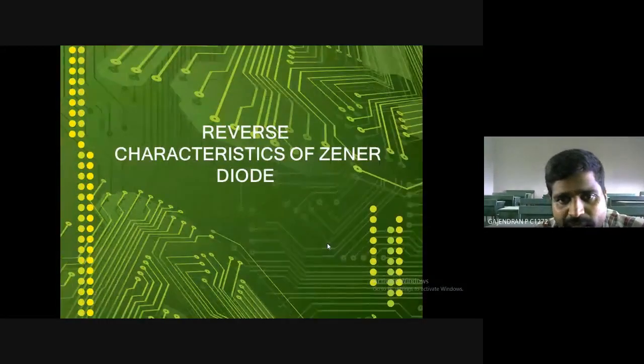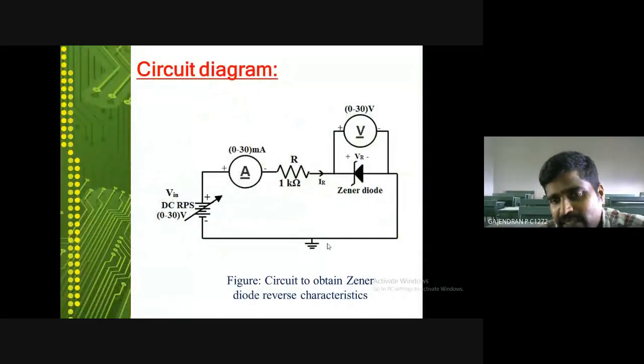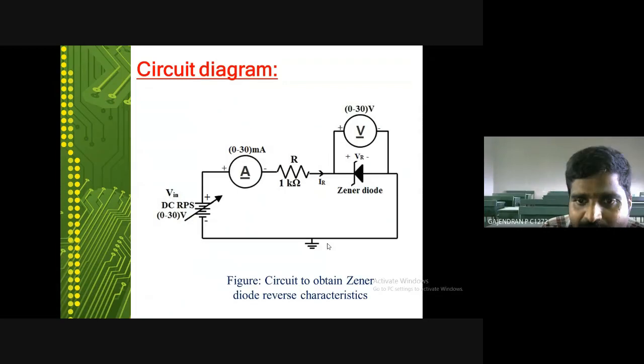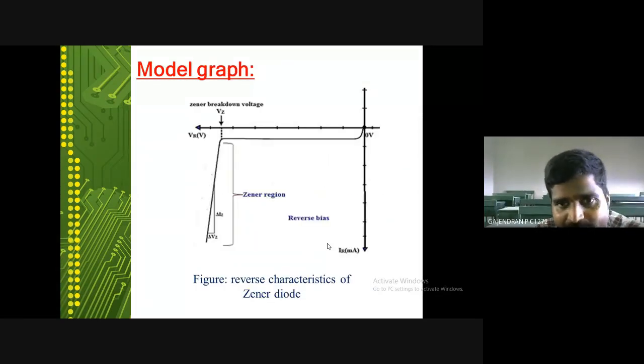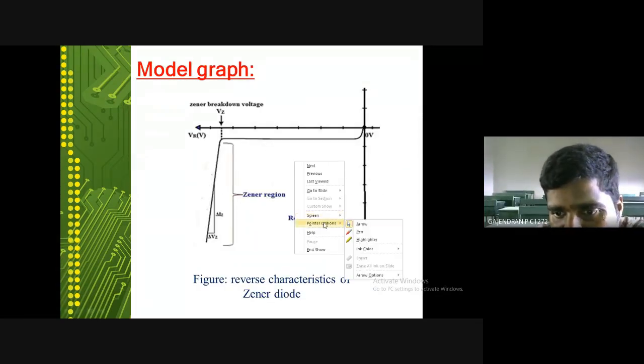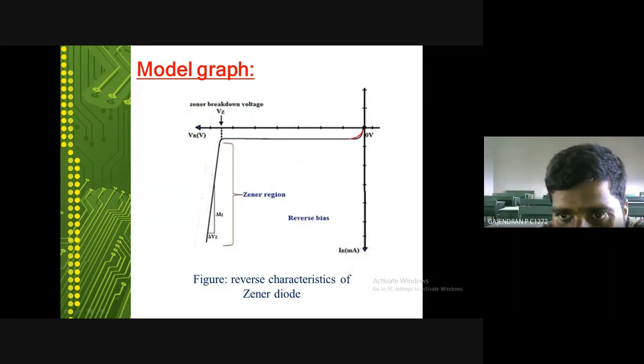This is where the reverse diode characteristics come in. The circuit diagram is very much similar to your PN junction diode. Here, in the reverse bias characteristics, we will go beyond the breakdown voltage also.